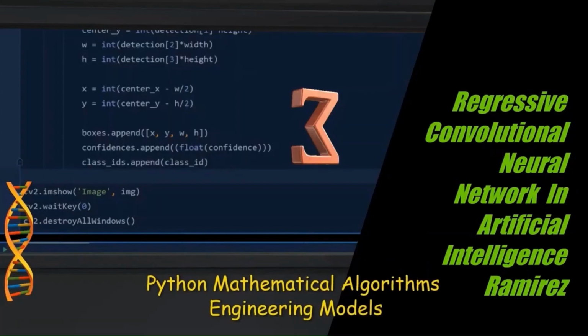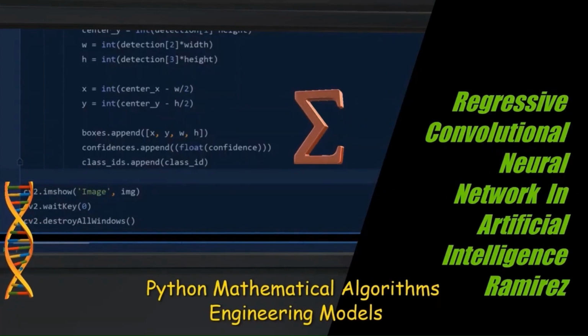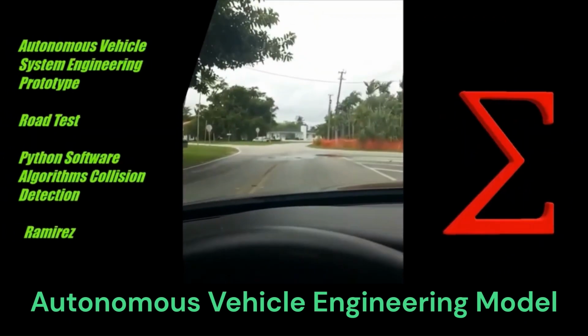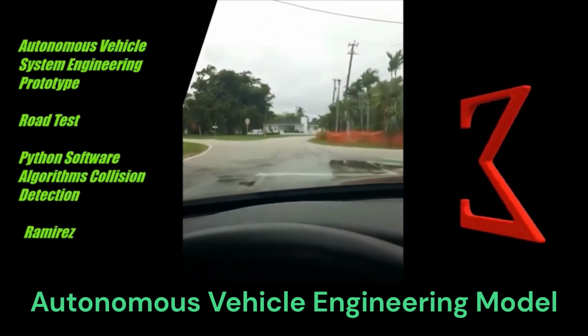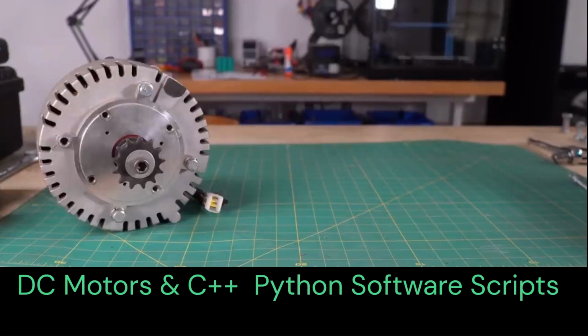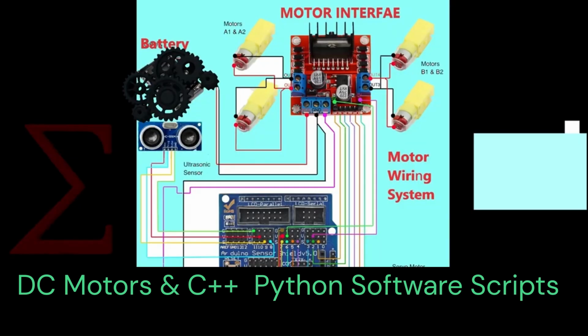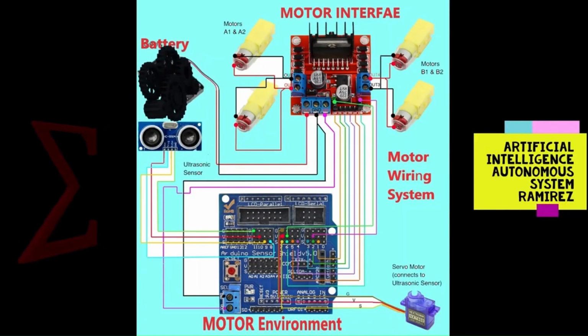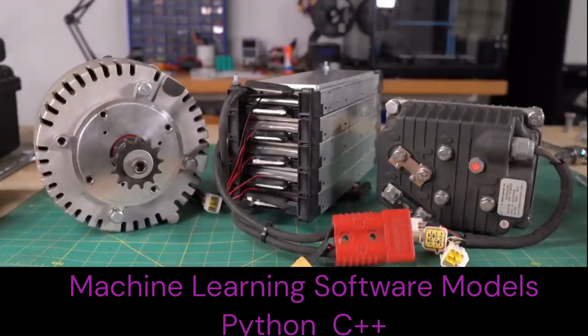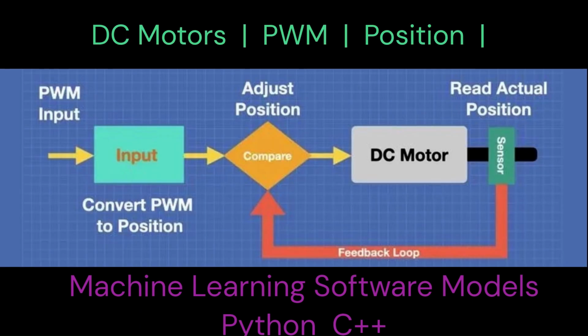The propulsion system of the autonomous vehicle is implemented using two brushed DC motors with integrated encoders. They have metal gearboxes and are intended for operation at a nominal voltage of 12 volts.